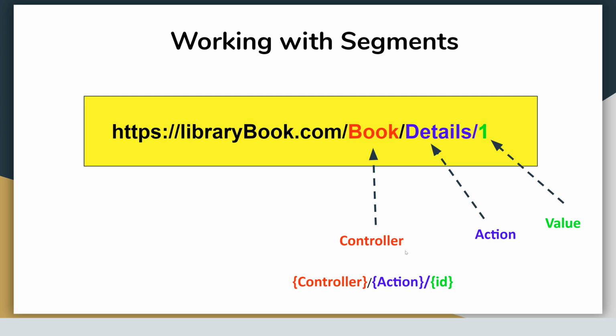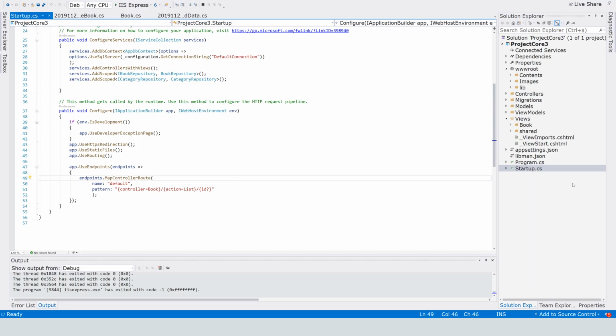And we go to our application and I show where the different routing middleware are. So we go back to our application, and in our application we have Startup.